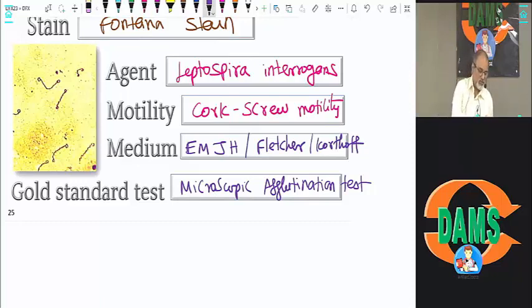Okay, gold standard test, MAT. Yes, perfect. Lashing motility, Kamal Kaushik asked one question. Lashing motility is seen in Borrelia burgdorferi. Gold standard MAT. Yes, Kamal. Perfect.